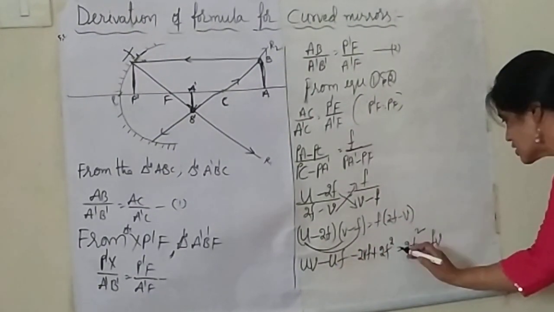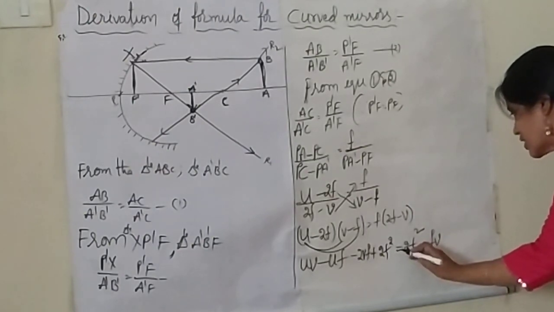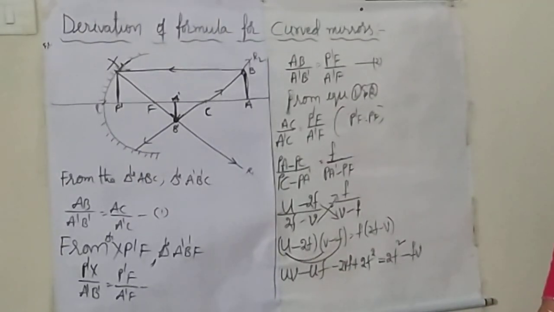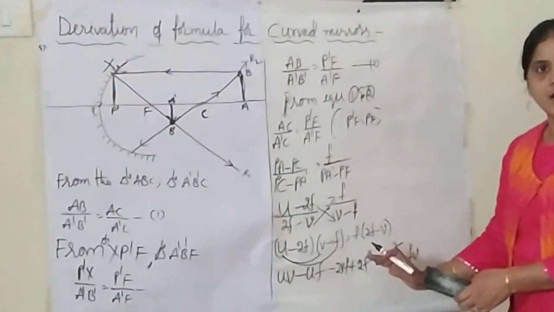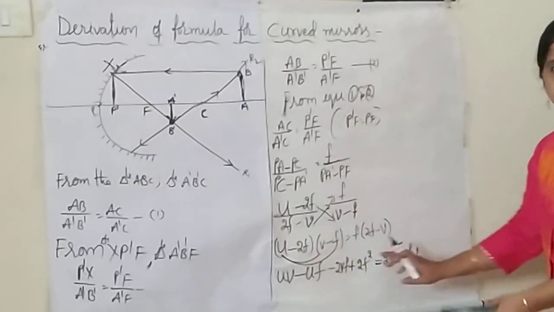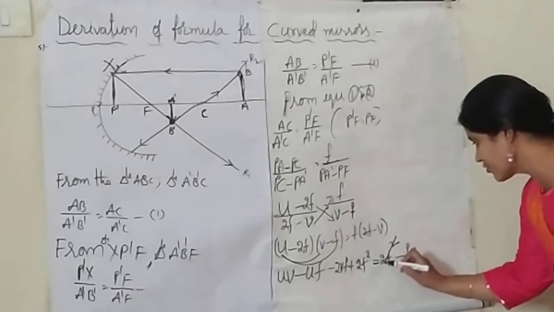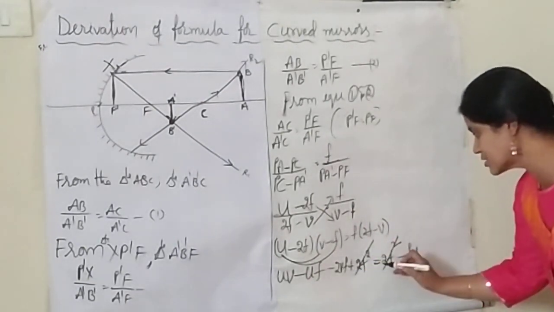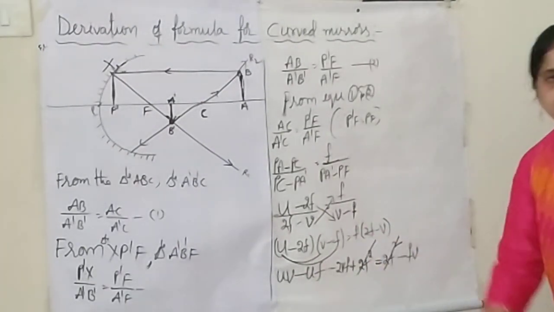And simplify the terms. See, the equals sign is there in the equation. When the same terms are there on the left side and the right side, here you see 2F square and 2F square, and the symbols are also the same, plus, so you can do cancellation.